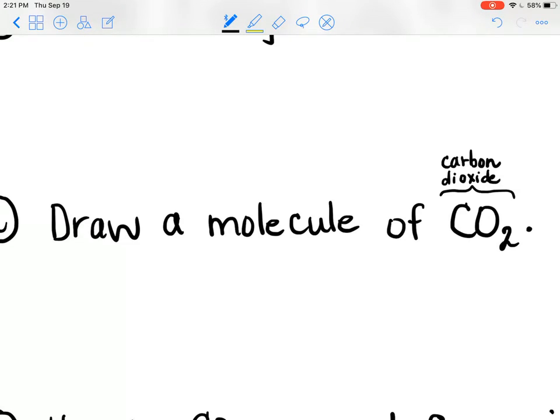So we have carbon, C, 2, di, oxide, oxygen. So CO2, whenever you see that, you need to know as a high school graduate that that is carbon dioxide. So they want me to draw a molecule of carbon dioxide.